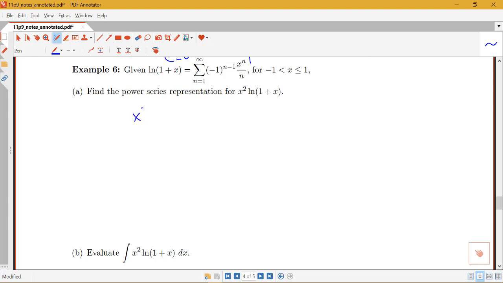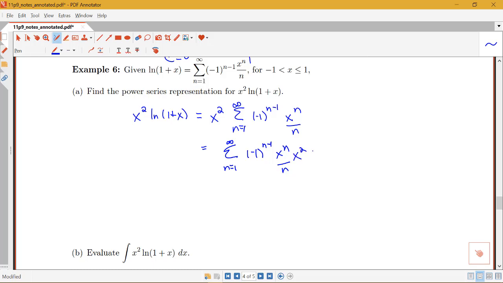So I can say x squared log of 1 plus x is equal to x squared times my series representation for log of 1 plus x, which is this sum from n equals 1 to infinity, negative 1 to the n minus 1, x to the n over n. Okay, and then I can move the x squared inside the sum. So I have n equals 1 to infinity, negative 1 to the n minus 1, x to the n over n times x squared.